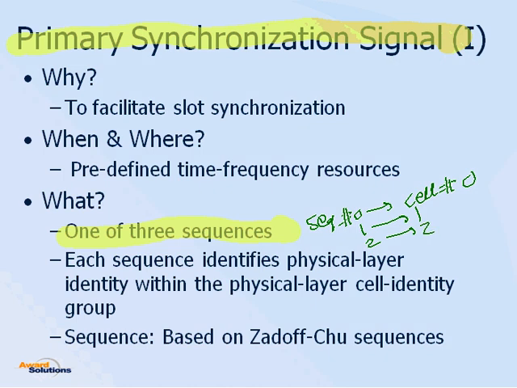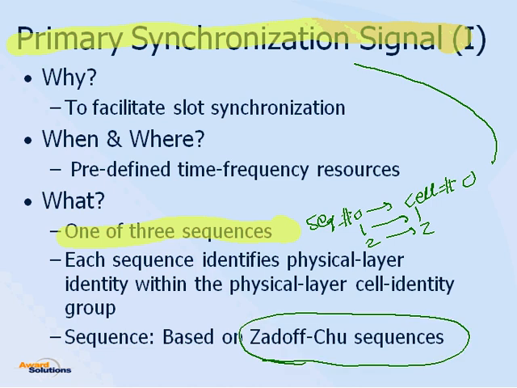So the UE first figures out the cell number within the group by observing the primary synchronization signal. There are so-called Zadoff-Chu sequences defined in the standard, and they correspond to those 3 sequences. The UE is programmed with those sequences and knows how to generate them. It tries to match whatever it receives in the downlink with those 3 options, and one of them will match.